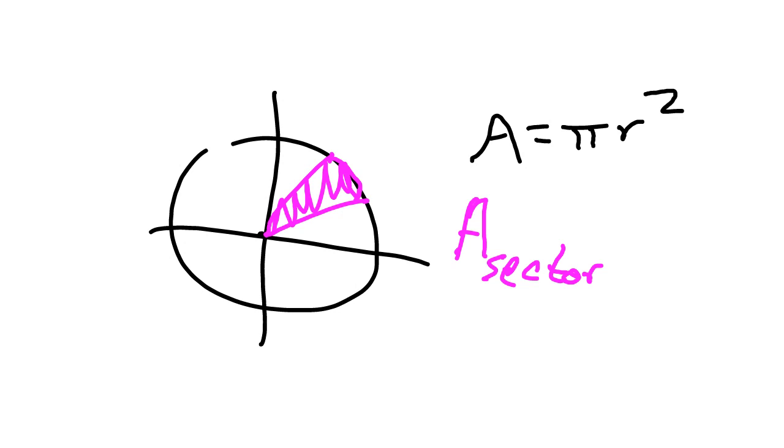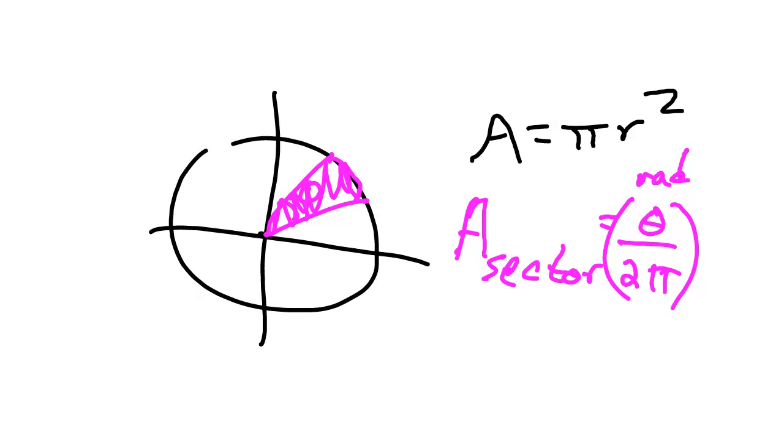There's 2 pi overall in the whole circle, right? So out of this, it's the portion theta radians divided by 2 pi. So if this is in radians, we're going to call this angle theta. Let's say that looks like 30 degrees, or pi over 6.